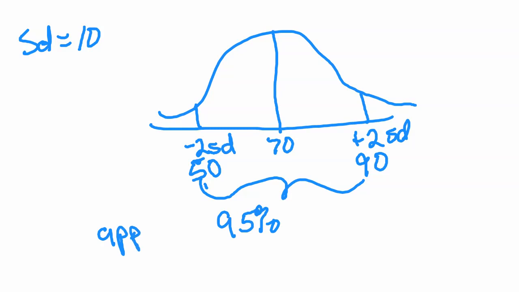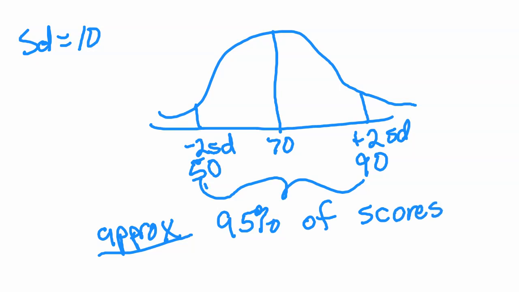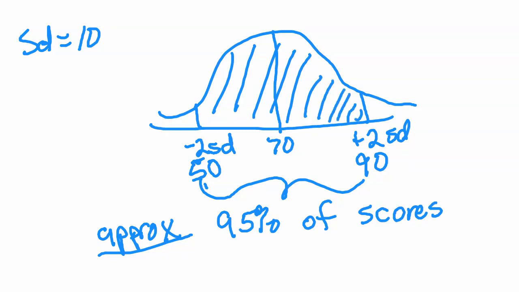So again, this is just an easy way to figure out, and next week we'll do probability. So you could say the probability your scores between 50 and 90 is 95%. So that's how it ties into probability. Probability turns out to be the area under this curve.